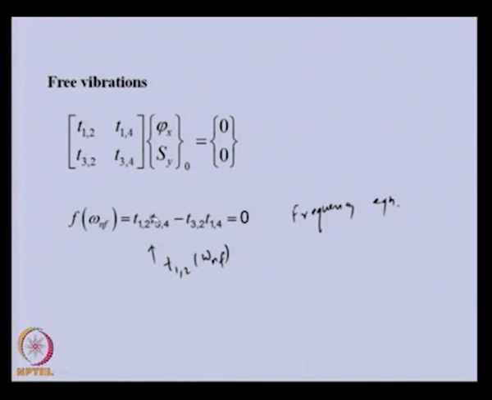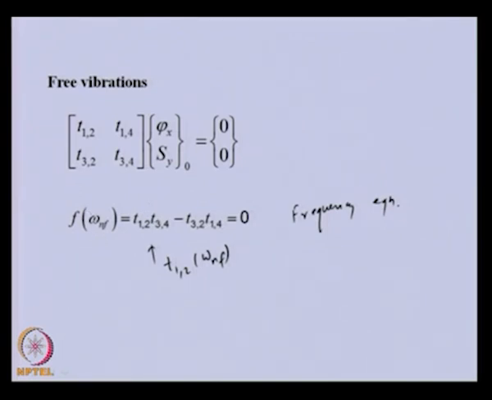So, generally we solve this frequency equation using a numerical analysis technique. We explained that in the torsional vibration case also. Some kind of root searching technique can be used to obtain this particular frequency equation.